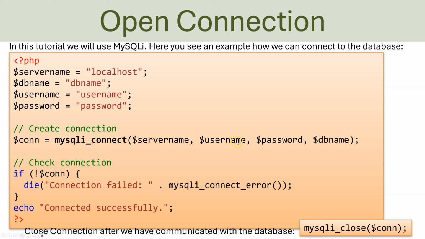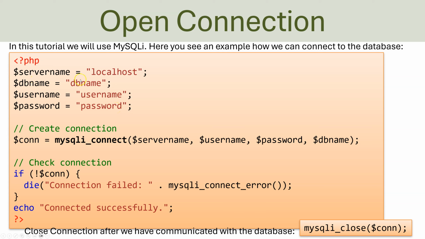And those 4 variables are specified here. So here, server name, if the MySQL database is on the same computer as PHP, you can just use localhost. Then you need to specify the name of the database and your username and password.